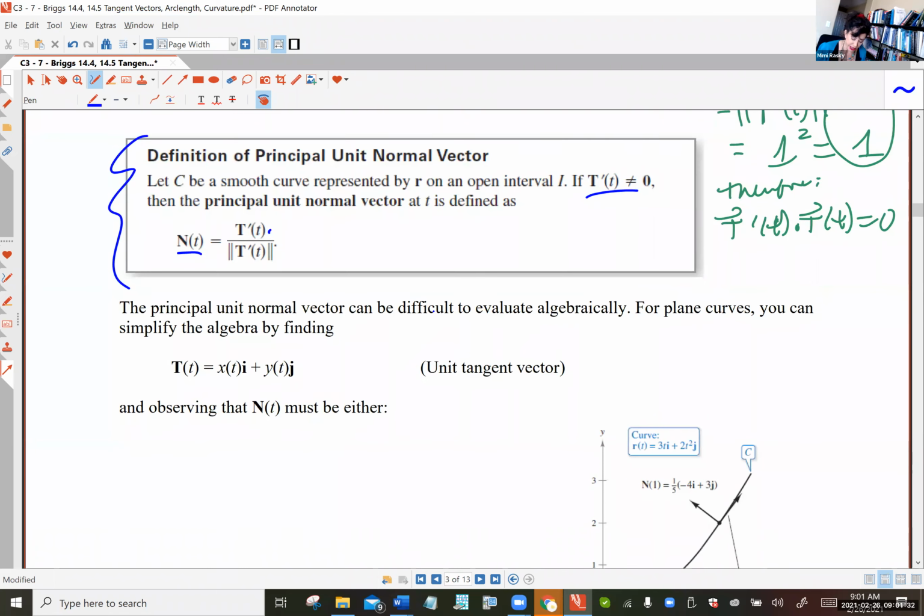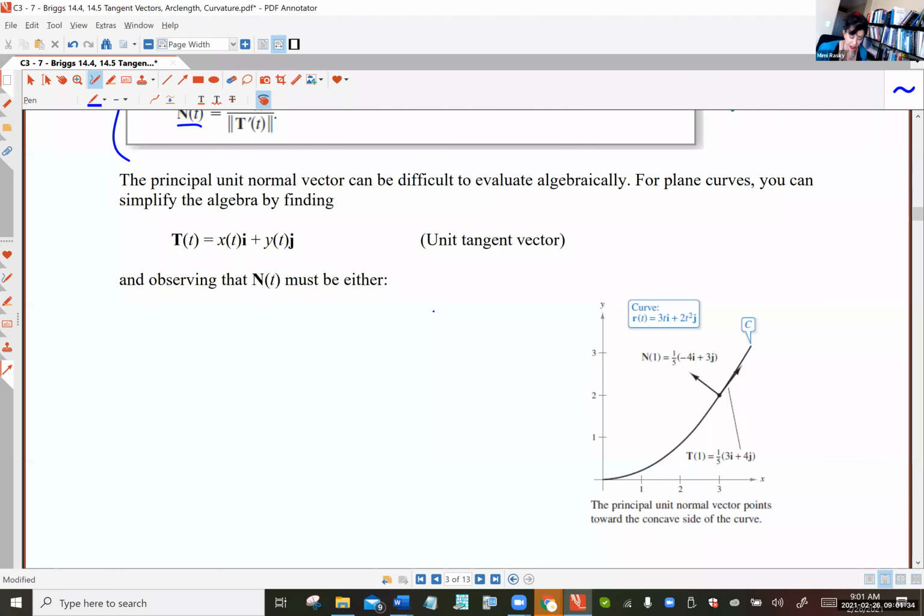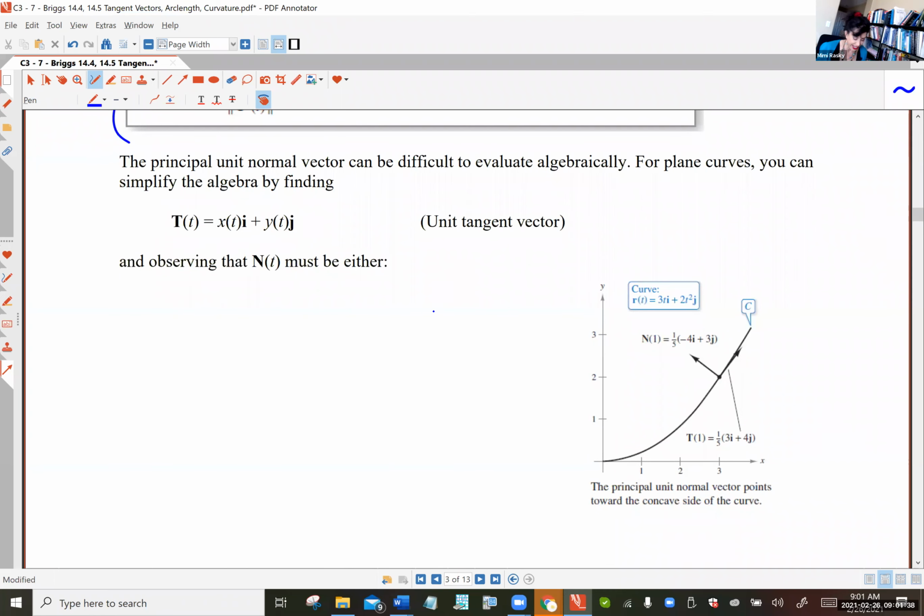Now, as I mentioned, if you're in 2 dimensions, it's kind of easy to get big N. Here at this picture, I'm just showing you there's big T, and big N could either point in or back out. And it turns out the reason why they're showing it pointing in is because that's the correct choice.